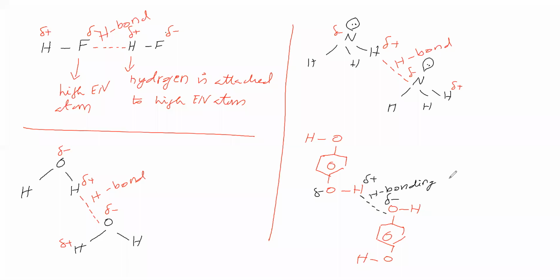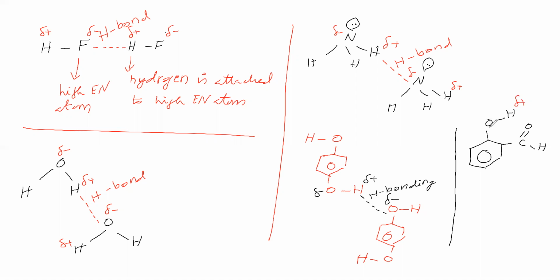Next we will take a molecule like this. It is benzene. Here we will consider an OH group, and here a C double bond OH aldehyde group. Now this hydrogen has a partial positive charge because it is attached to a highly electronegative atom.